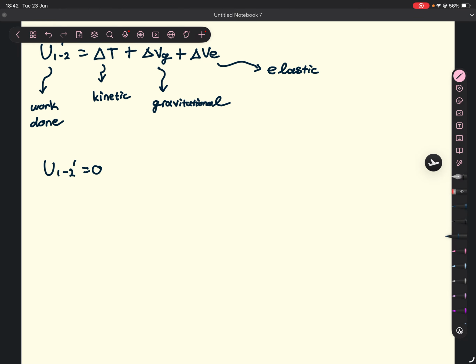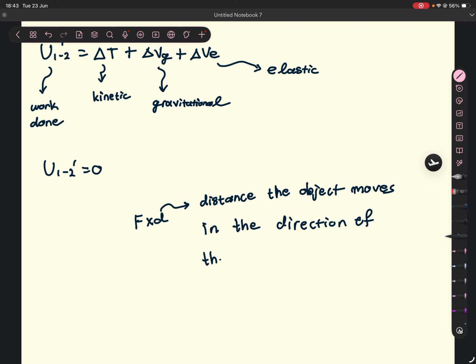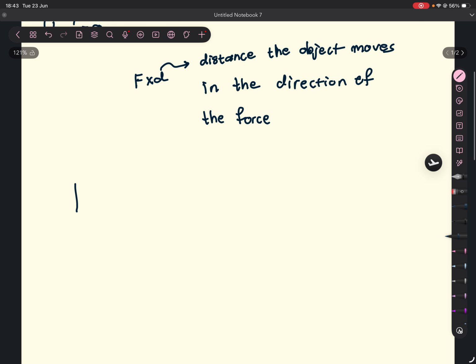But then the distance is the distance the object moves in the direction of the force, right? So let's say we have a block.